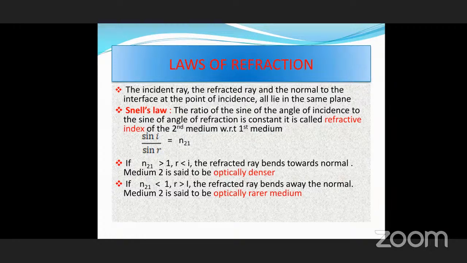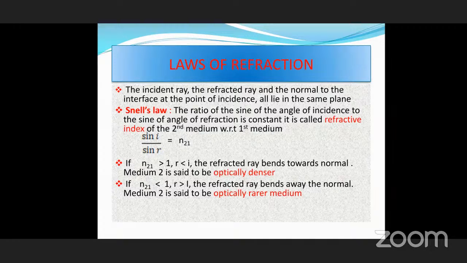Understand? From where to where is the incident ray, and where is the refracted ray? Both these two media are very, very important. You should remember this whenever refraction takes place. Generally, we take the first medium as air. We send light rays from air, and for the second medium we place glass, oil, water, or some other medium.